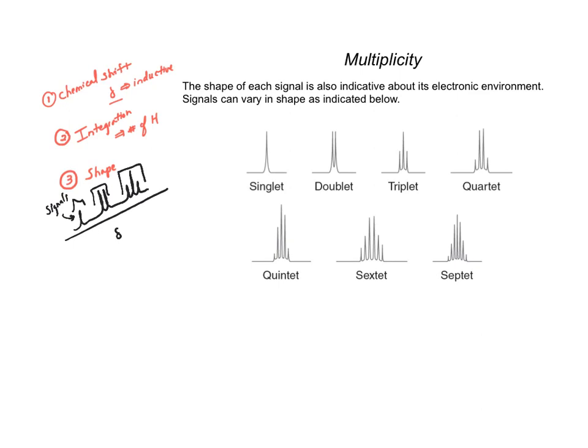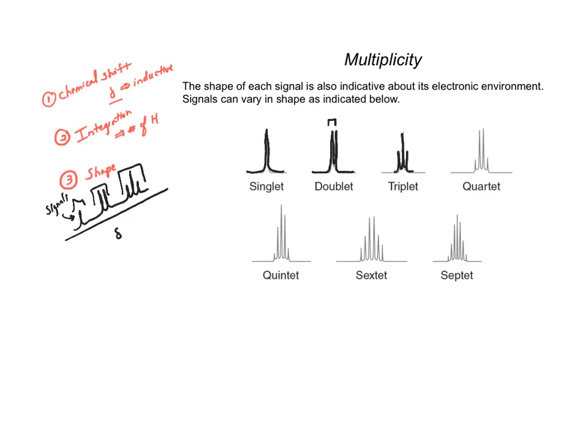So before we get started on that, I want to define what we actually call these various numbers of peaks, right? If we have only one peak for a signal, this is something that we call a singlet. If we have a signal that is split into 2 peaks, and these are of equal height, then we call that a doublet. If we have 3 peaks where we have a 1:2:1 ratio, we call that a triplet, and so on.